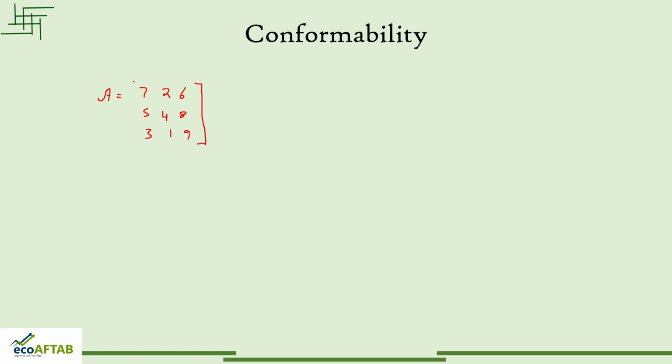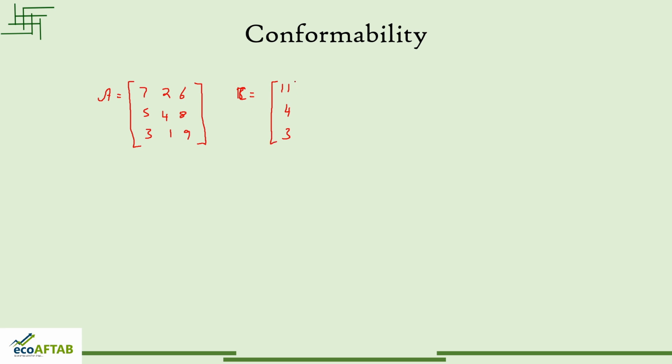Let us say I want to show what you mean by conformability. So if I say A is equal to 7, 2, 6, 5, 4, 8, 3, 1, 9, this matrix, if I want to multiply with matrix B, matrix C, 11, 4, 3.